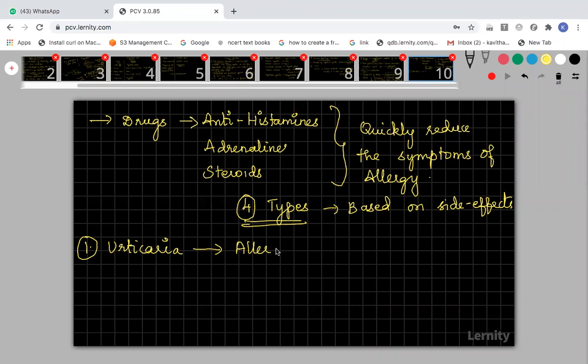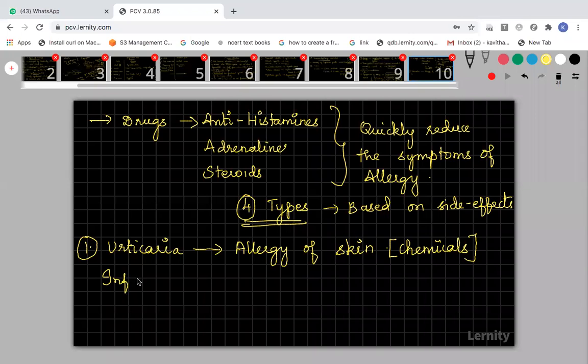Urticaria is nothing but allergy that occurs in your skin. Allergy of your skin is called urticaria. Mostly it will be caused because of some chemicals. You can see inflammation in your skin because of the release of histamines and serotonins by your mast cells. So in urticaria, what are the common symptoms that will occur?